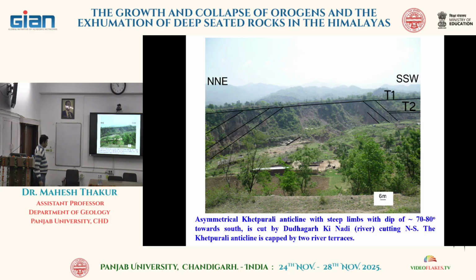So there are two river terraces, T2, T1, and they are paired river terraces. Both sides of the fault they are preserved actually. Only in this area we find river terraces, and one more T3 surface is there. So they are very close to the fault, right? But after that, you don't.